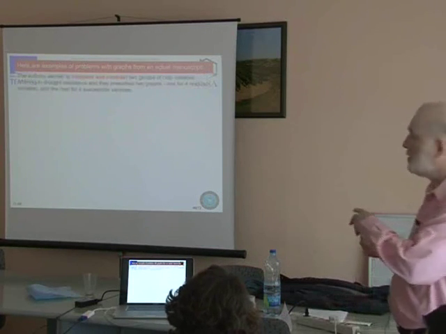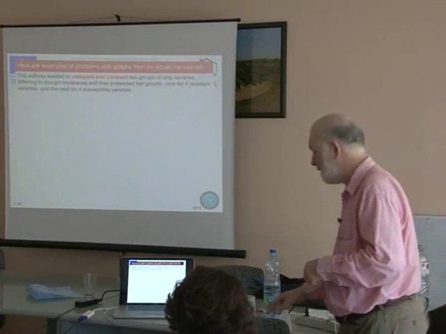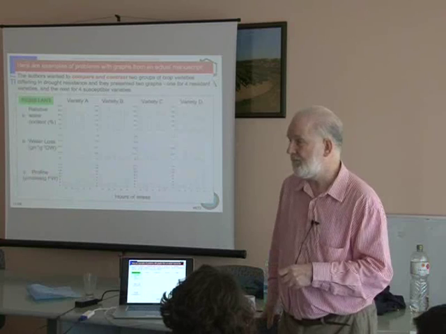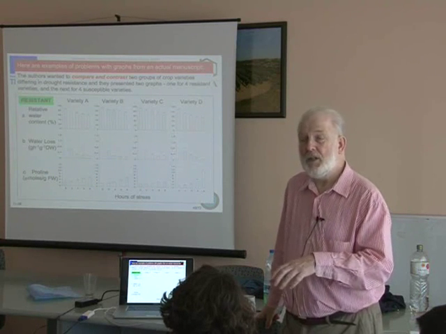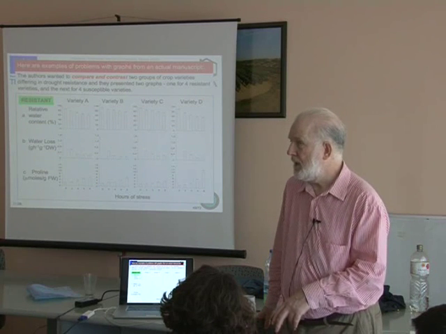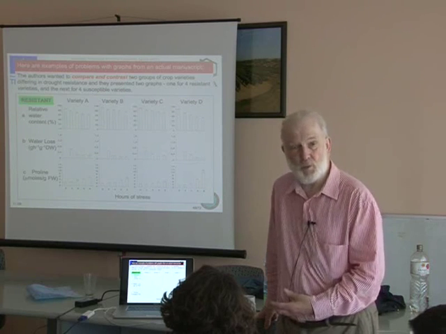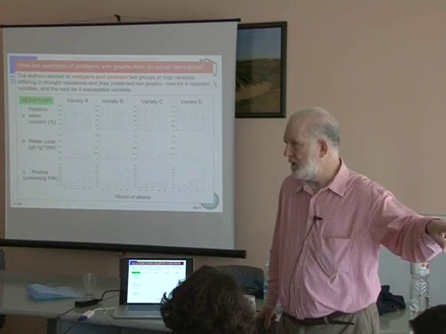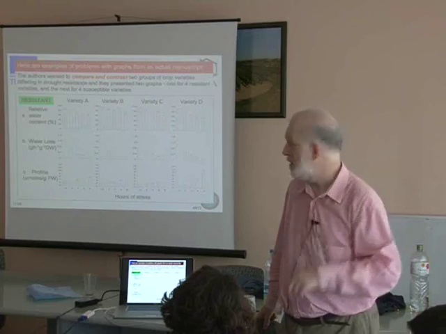Now, the next 2 slides, this is from a real manuscript that I was asked to have a look at by some colleagues of mine in Italy. They were doing research on drought responses in wheat, and they were comparing 4 resistant wheat varieties with 4 susceptible wheat varieties to try to characterize the difference between the 2 sets of varieties.